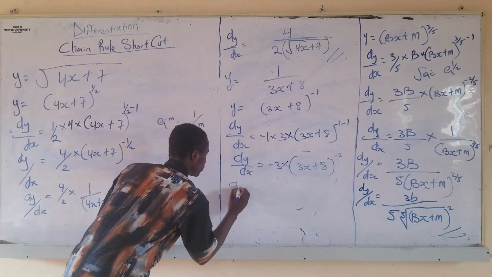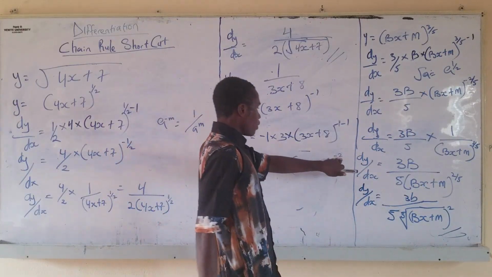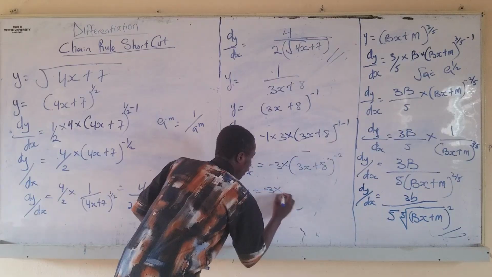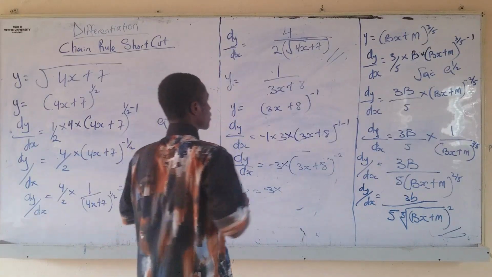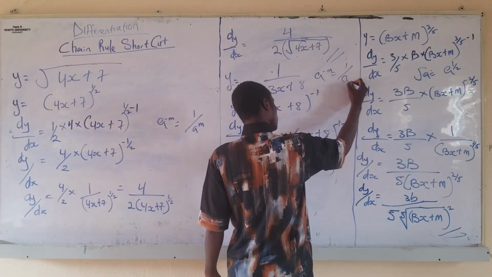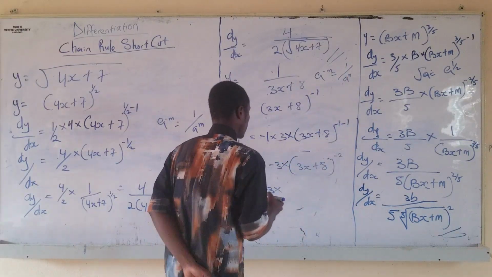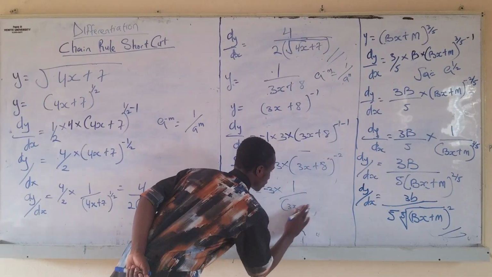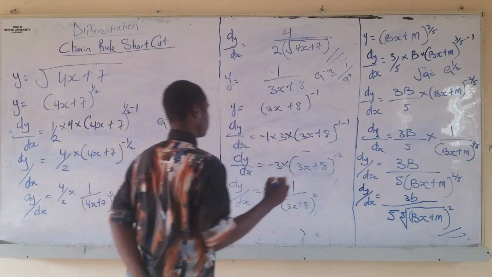So now dy over dx becomes, let's look at a way to eliminate this minus. We can say minus 3 times, and to eliminate this minus we apply the law of indices, a raised to power minus n is 1 over a raised to power n. Then this becomes times 1 over (3x plus 8) raised to power 2.